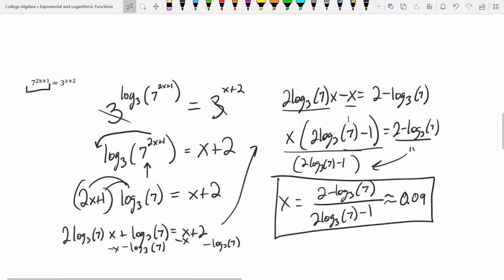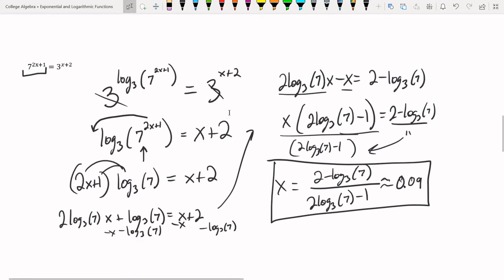And this one here, the reason why I chose to do this 3 log base 3, you could do 7 log base 7 on this side, and the answer might be slightly different. I think it'll definitely look different, but you should get the exact same number here, 0.09.